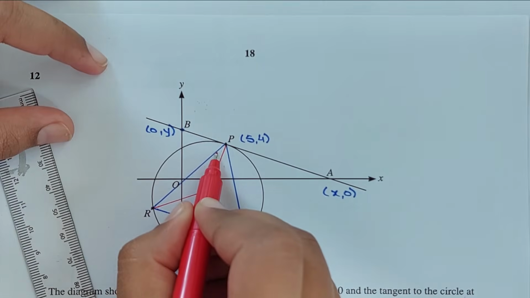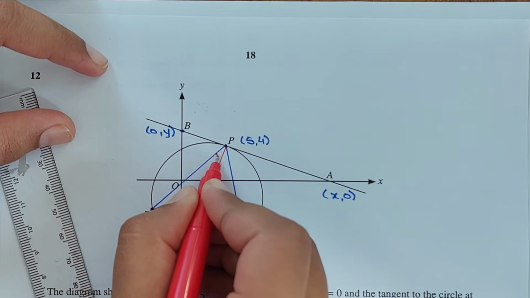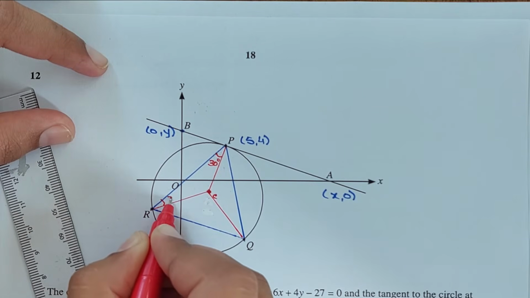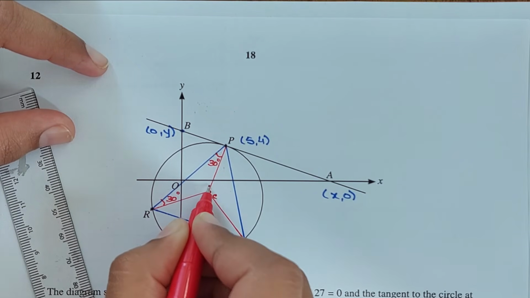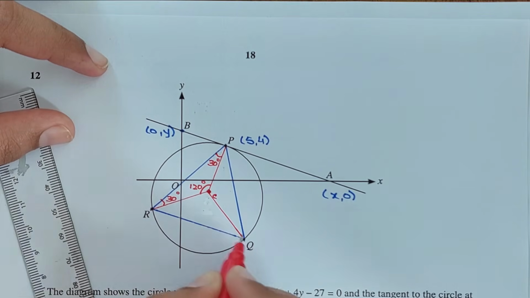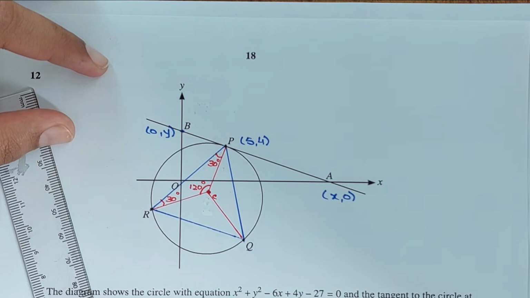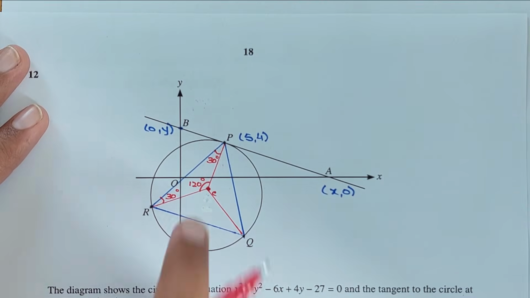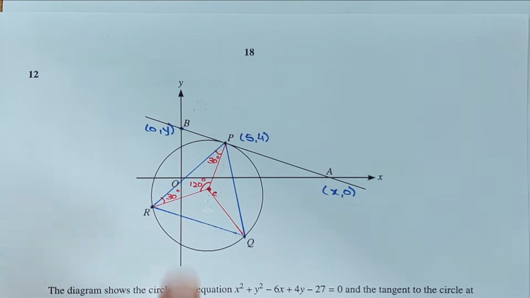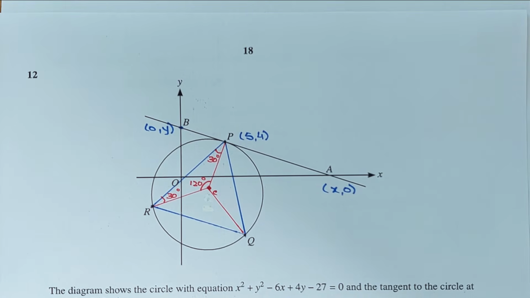This whole angle is 60, so this angle is 30 degrees, this angle is 30 degrees, and the remaining angle is 120 degrees. Same for the others: 30, 30, 120. So these are 3 identical triangles. We have to find the area of one and multiply by 3, and we will get the exact area of triangle PQR.